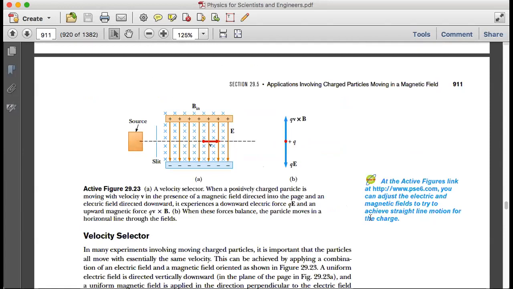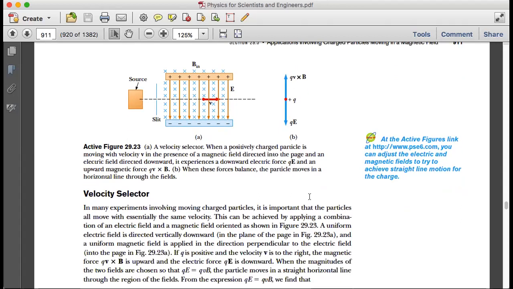Kemudian ada juga yang disebut selektor partikel. Jadi kita bisa mengetahui, misalkan ini adalah sumber partikel, biasanya sumber-sumber partikel yang meluruh, peluruhan bermuatan itu peluruhan alfa dan beta. Jadi sumbernya radioaktif.